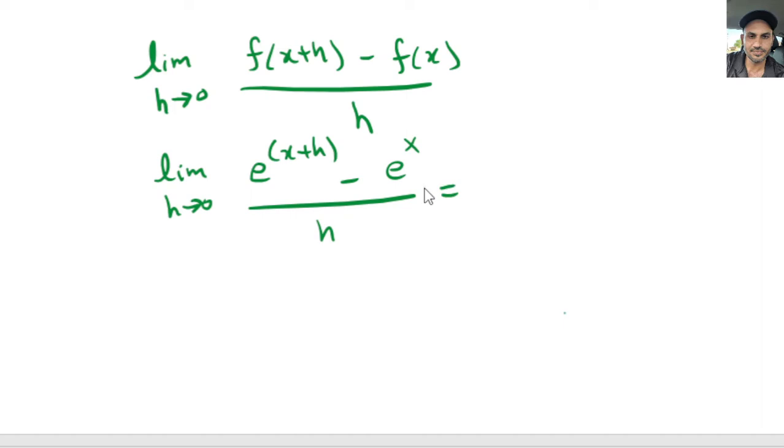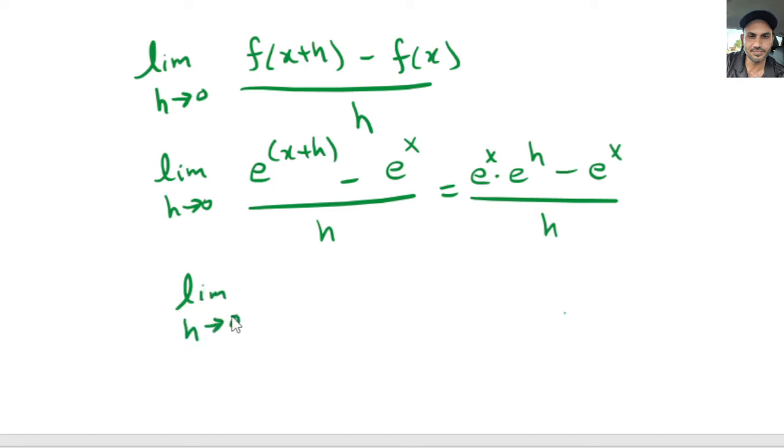And now we can go ahead and simplify this. So e to the x plus h is going to be e to the x times e to the h minus e to the x divided by h. So limit as h goes to 0, we can factor out e to the x from here.